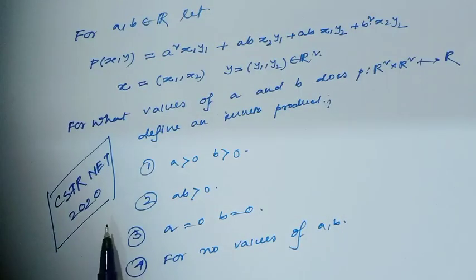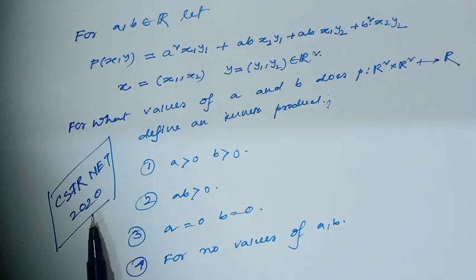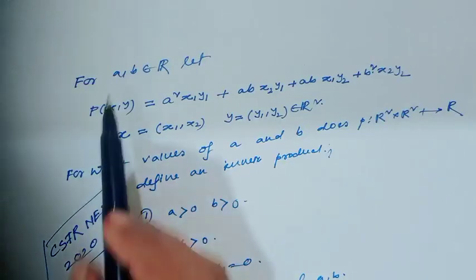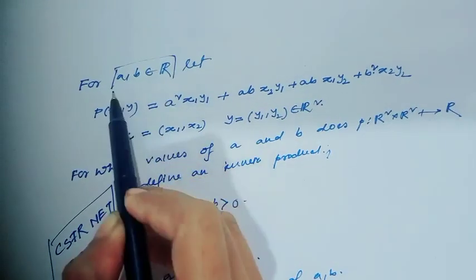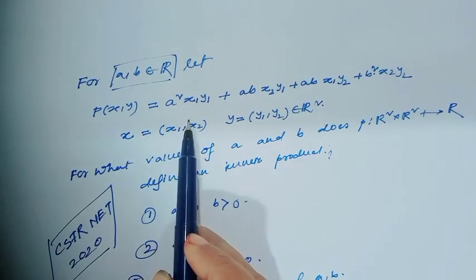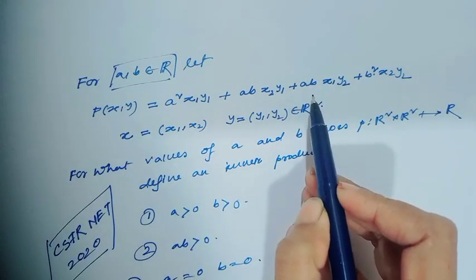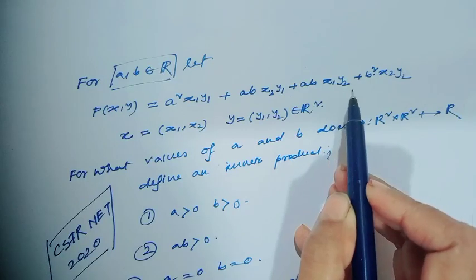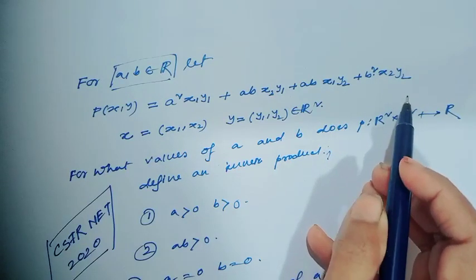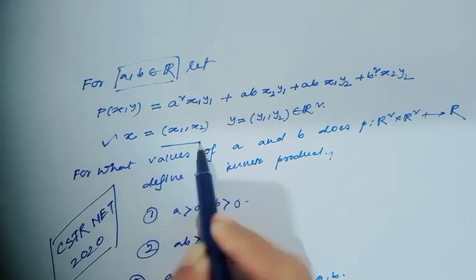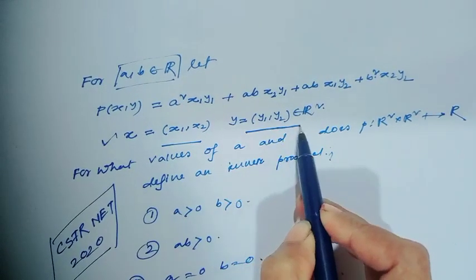Our next example had come in the CSIR NET 2022 exam. The example is: consider a, b belonging to R and consider P of x, y equal to a square x1 y1 plus ab x2 y1 plus ab x1 y2 plus b square x2 y2, where x equal to (x1, x2) and y equal to (y1, y2) belong to R2.